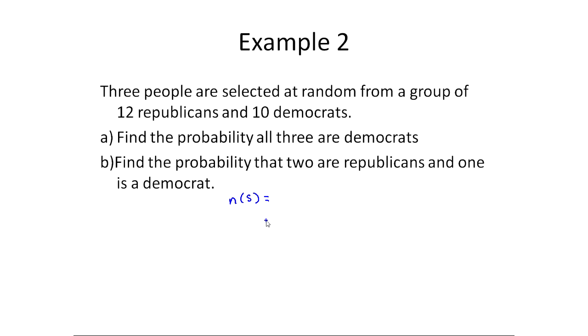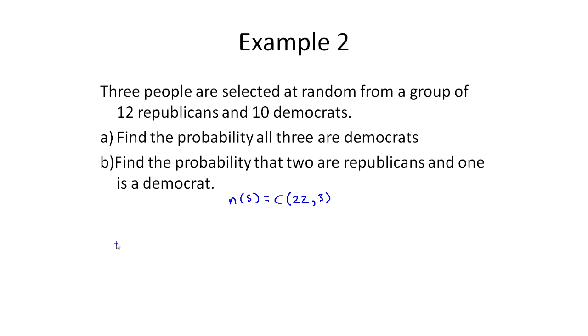So in the big picture, in both cases, I'm picking 3 people at random from a group of 22 people, right? So the sample space is going to be 22 choose 3. That's how many ways there are to pick 3 people from 22.